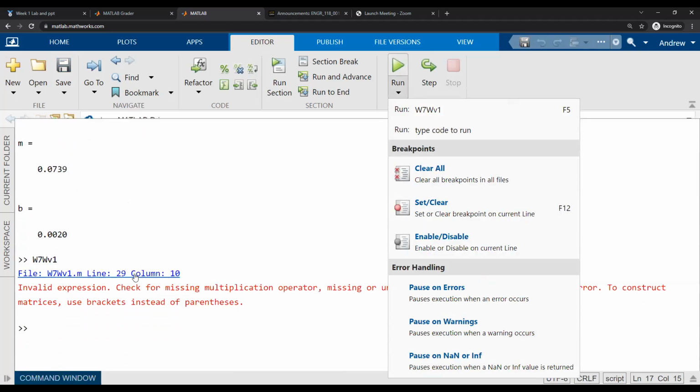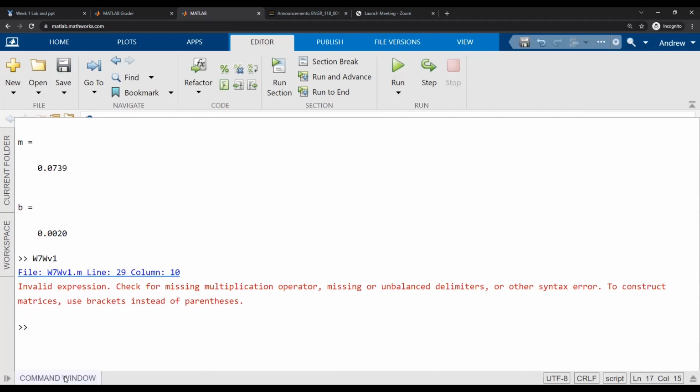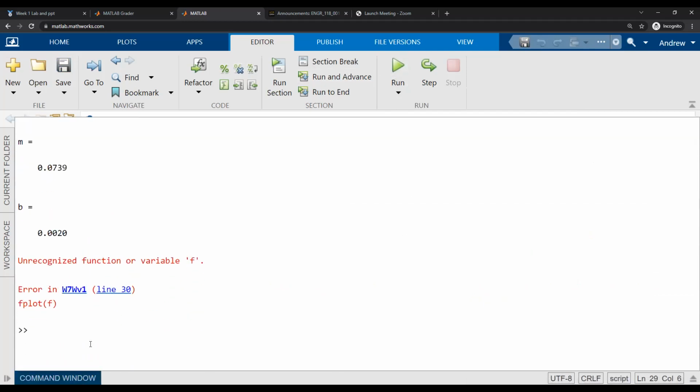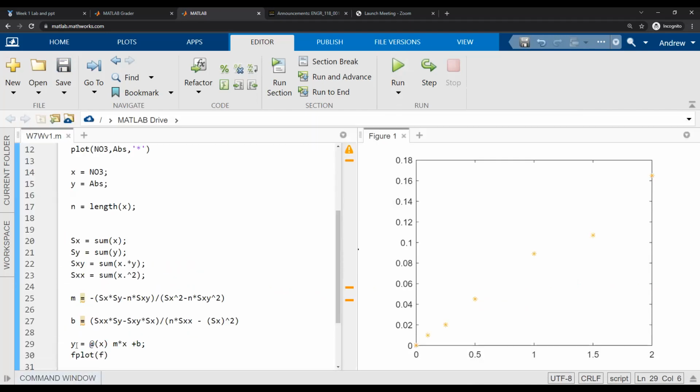What did that say? Line 29. This is an at x, not f of x, at x plus b. F should be f, like this.